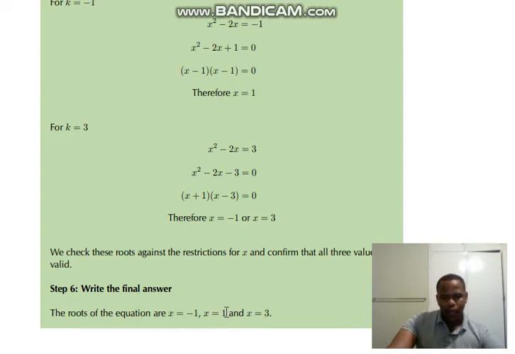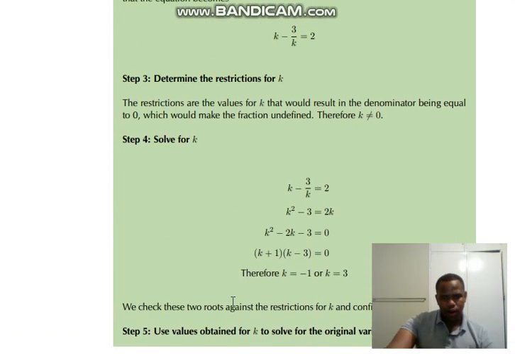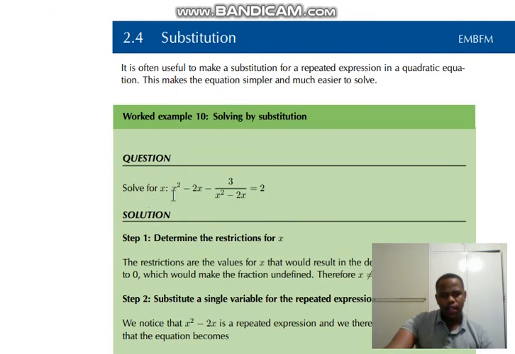I want to draw your attention to something else. I said that if you were to multiply throughout by that, your highest power would be x to the power 4. If your x is to the power 4, it means that you expect 4 x values.